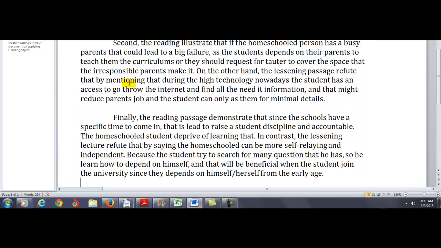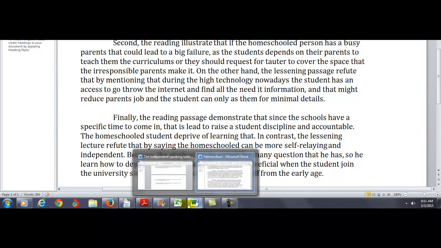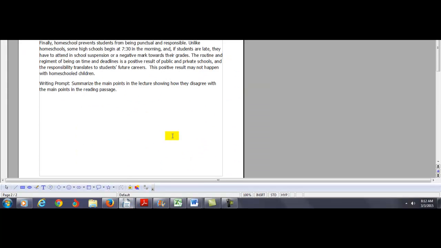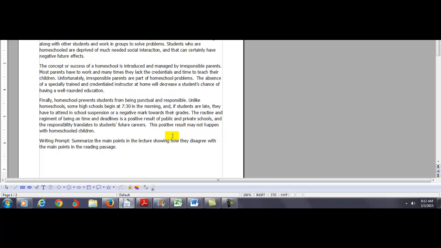Okay, one other example I wanted to point out. "With the reading passage demonstrate that since the schools have a specific time to come in, that is lead to raise a student disciplined and accountable." What you didn't really say here, I mean, you're saying indirectly, but I think it's a good idea to be a little more explicit, is that the reading passage talks about how homeschool students don't really learn how to be punctual and responsible, because they don't have to come to school in the morning at a certain time.